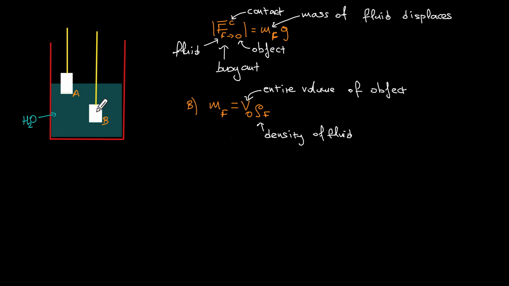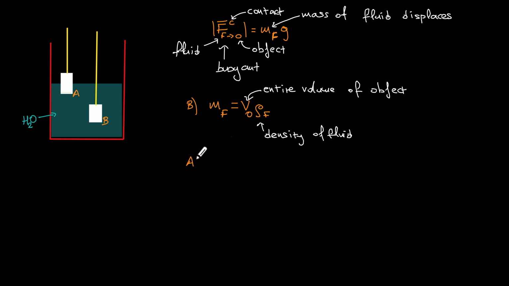How much space are we talking about? We're talking about the space equal to the volume of the object. Now, how can I find the mass of the water that would occupy this space? Well, I need to take this space, the volume of the object, multiplied with the density of the fluid, because this would be filled with water, and then the density times the volume will give me the mass of the fluid that I would have here had the object not taken its place.